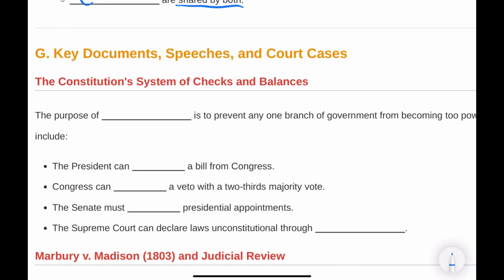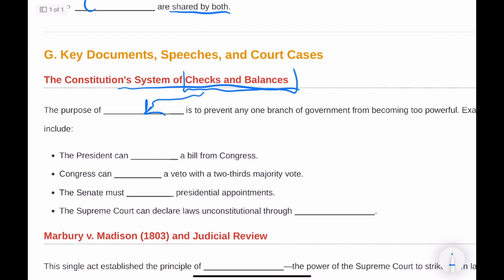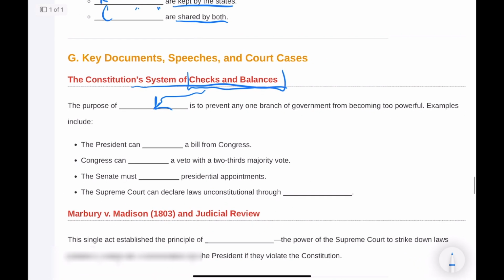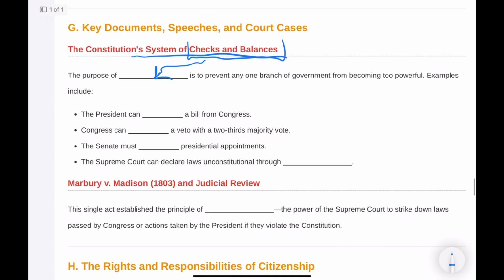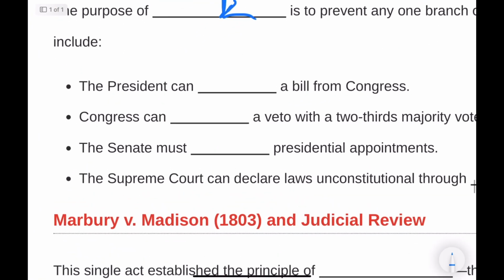The Constitution's system of checks and balances. Let's move on to the purpose of this right here. Checks and balances is to prevent any one branch of government from becoming too powerful. So examples right here, the president can veto a bill.